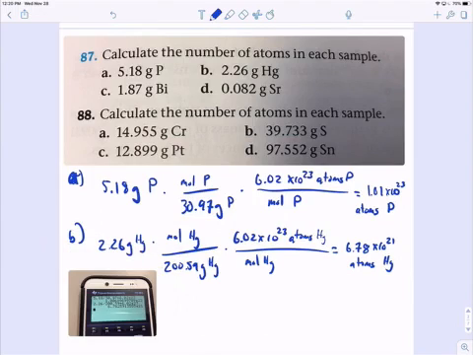Okay, so you probably don't have a periodic table in front of you, so I'm just going to go ahead. Chromium is 52.